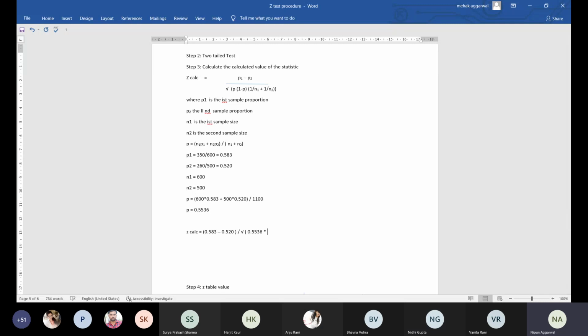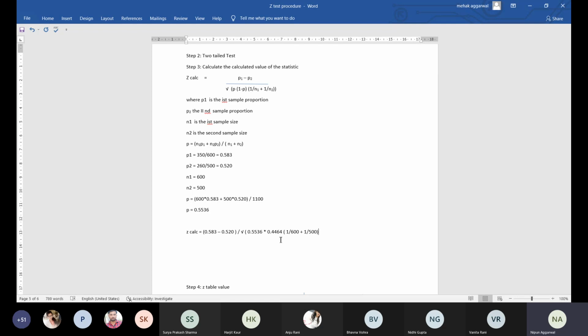So multiply by 0.4464, and P into 1 minus P into 1 divided by 600 plus 1 divided by 500.